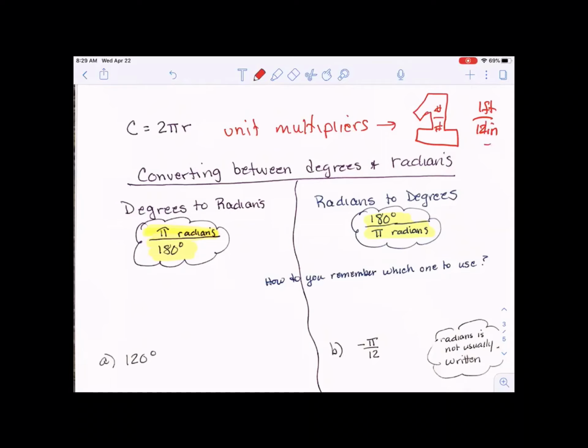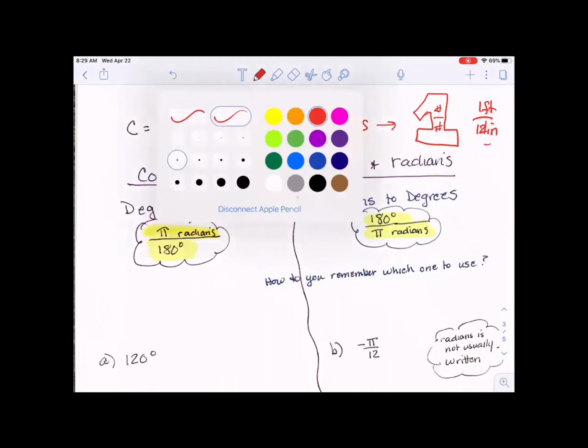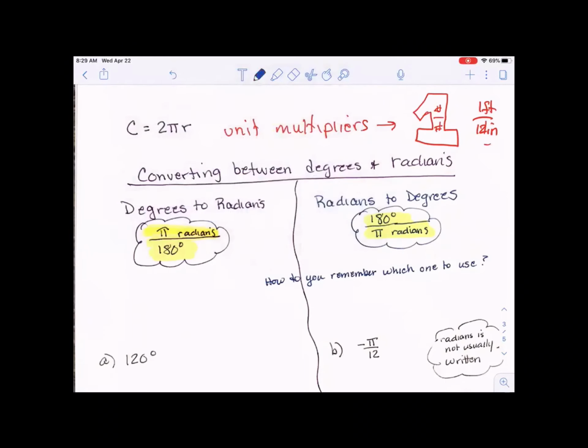It turns out in radians and degrees, let's go to the color, if I draw myself a little unit circle here, that pi radians is halfway around the circle right here. Let's just say this radius is 1.